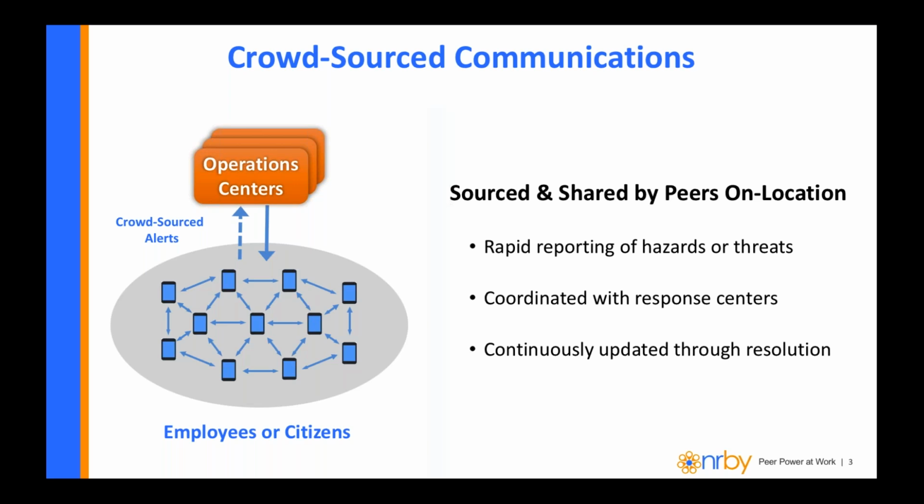And now, if they're on the ground, on location, in proximity, and they notice a threat or a hazard, they can be the source to rapidly report that hazard or threat, warn people who are in close proximity, their workers, their peers, and also coordinate what they've discovered with a central response team who might be in an operations center or maybe in multiple response centers. And so the model that I'm going to take you through today is how we're going to enable this kind of crowdsourced communications with something we call mobile collaboration.